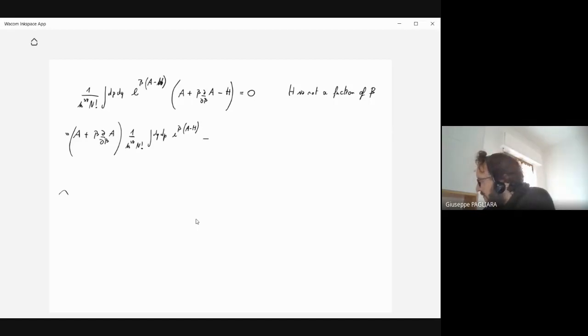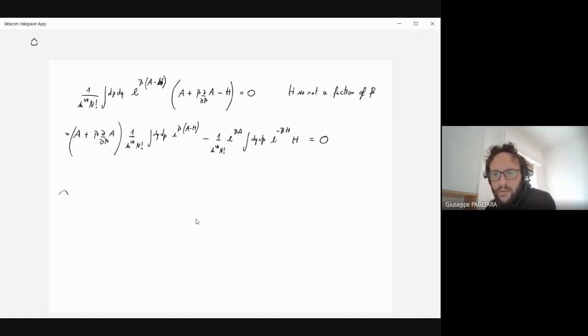Then I have a minus, I will comment in a moment, 1 divided by h3n n factorial e to the beta A, and then I have dq dp e to the minus beta h times h. This is equal to 0.